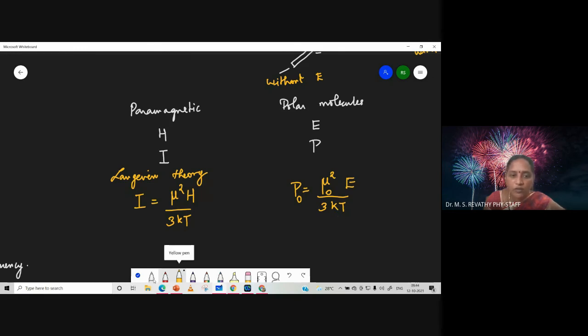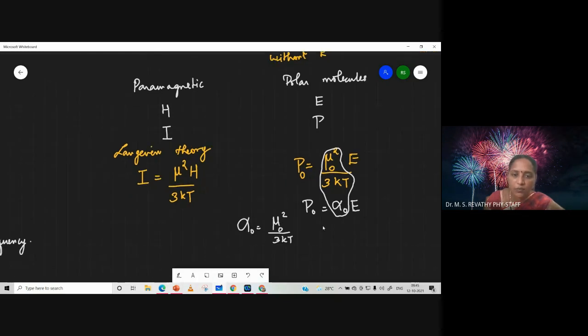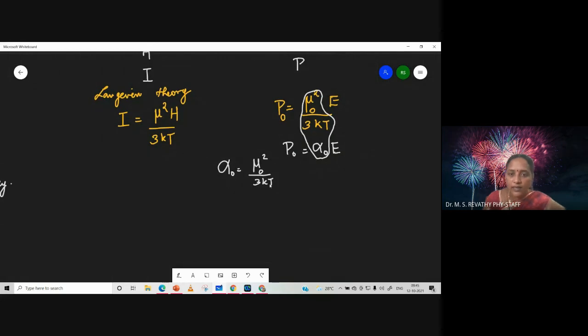When you compare this expression with the polarizability, you get an expression for alpha O, which is nothing but mu O square divided by 3 kT. This is the only expression in orientation polarization, and it is inversely proportional to the temperature.